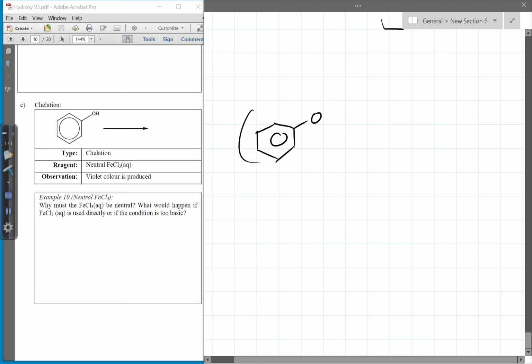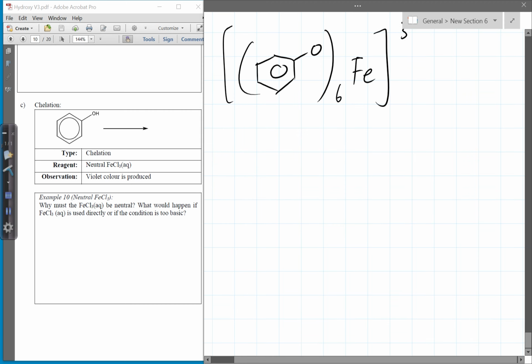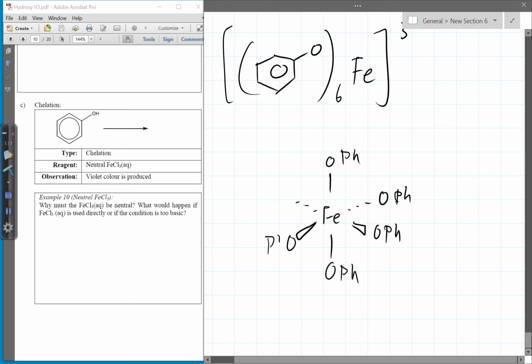You know lah. [Fe(OPh)6]3-, right? If you want to draw this out, it is Fe connected to OPh, OPh, OPh, OPh, OPh, OPh. PhO is a phenol-derived group, which is this group.